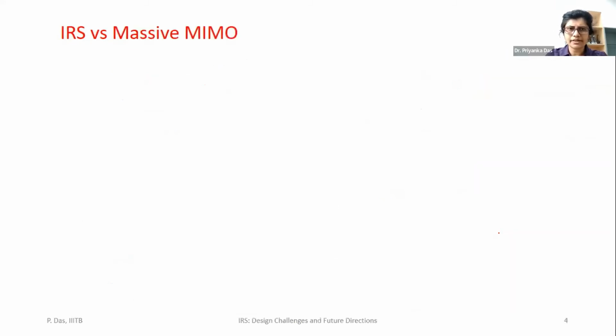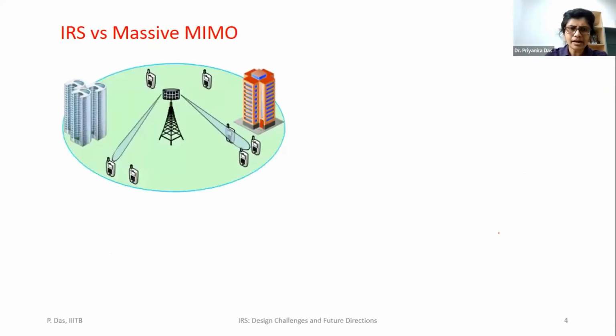Next, what's the advantage of IRS compared to massive MIMO, which we are now today telling, right? So the massive MIMO base station is this one. It has hundreds, more than 64. Maybe you can think of more than 64 to 100 antennas. And it is basically placed to serve the users via these beamforming approaches.